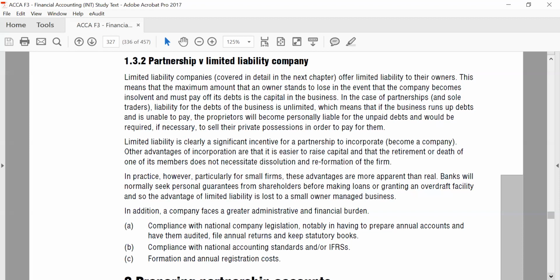Corporate entities are taxed differently compared to partnerships. Also, starting a public limited company takes a lot of time, because you have to issue a prospectus and go through many processes and legal requirements, compared to a partnership. So that could also be one of the things you look at when comparing a partnership versus a limited liability company, and so on.